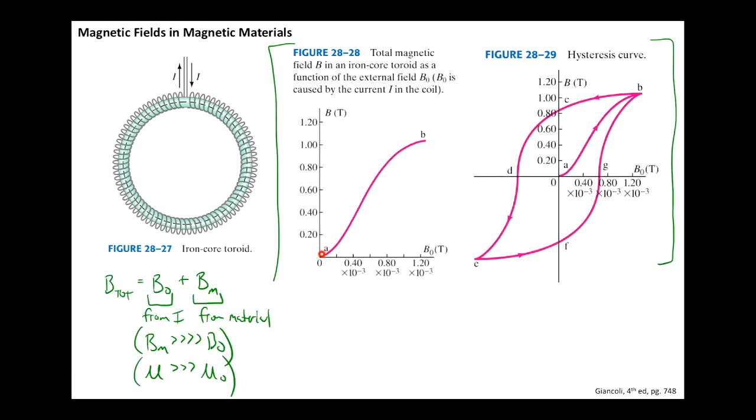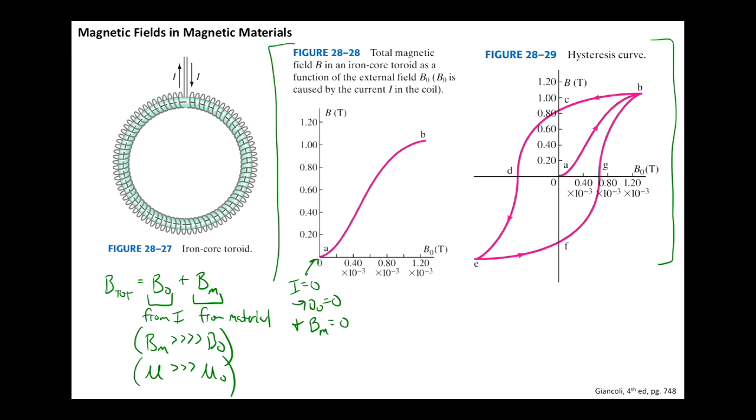This is just a graph going from a zero state when the material is not magnetized at all, and also there is no current in the wire at all, which indicates that B naught is going to be zero as well. So this is at the beginning. The current is equal to zero, which means that B naught is equal to zero, and B sub m is equal to zero because I haven't done any magnetization at this point.